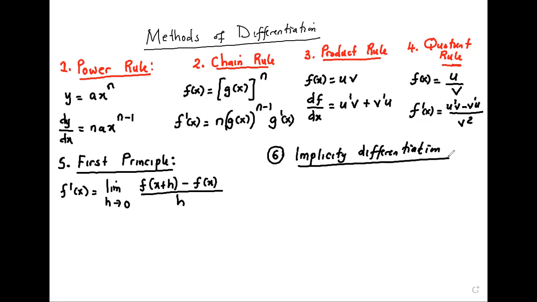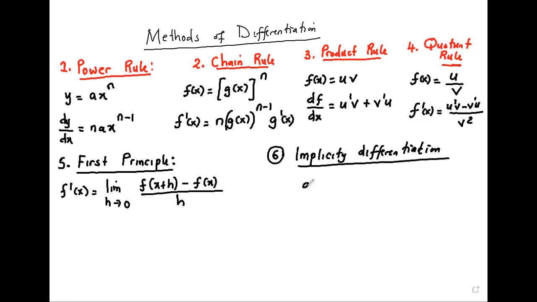This is the case where we have a function maybe like this, y to the power n is equal to some function g. So maybe for some reason you are unable to solve for y. Or maybe let me write it like this.